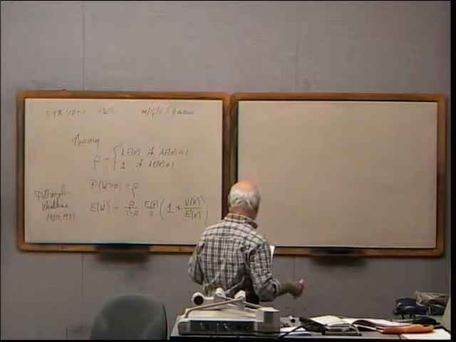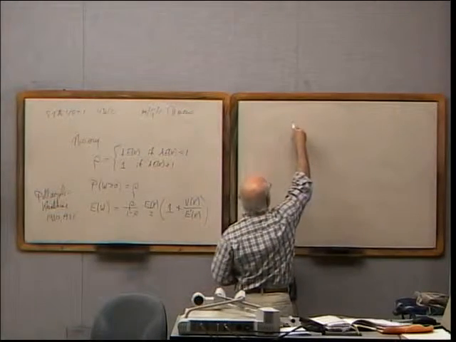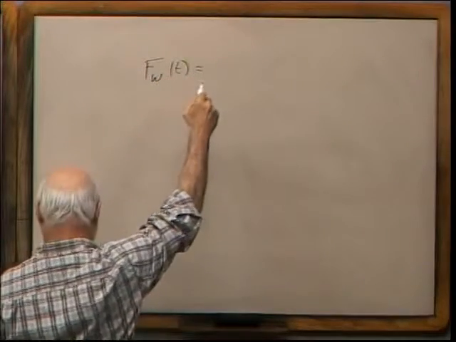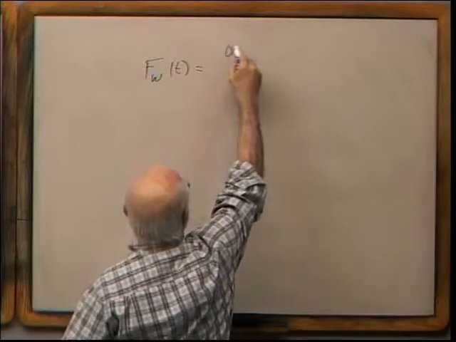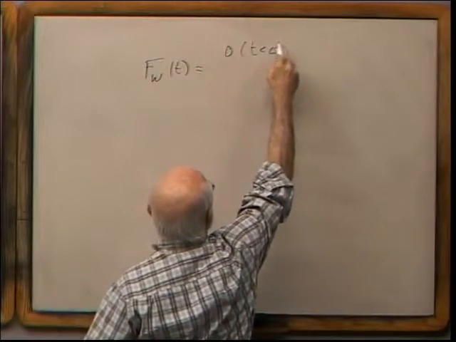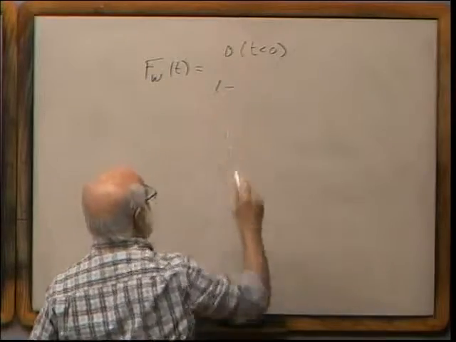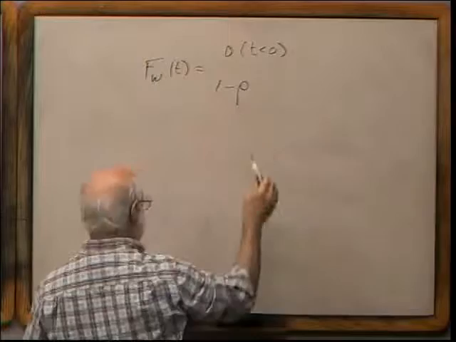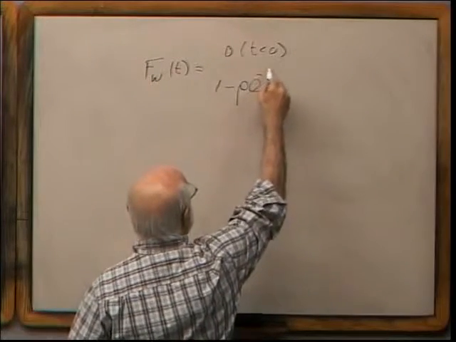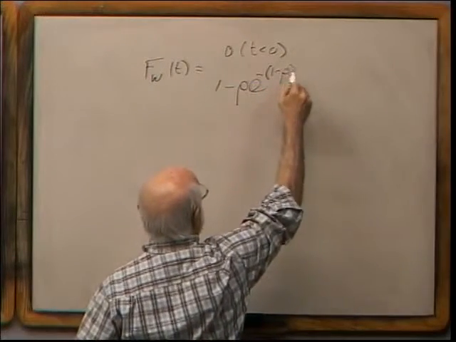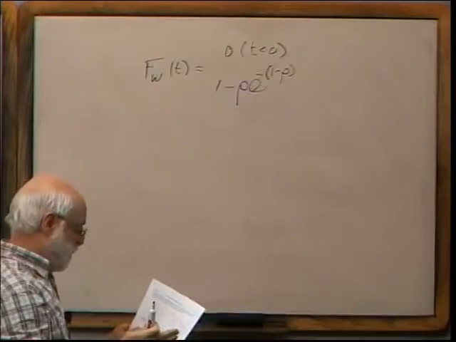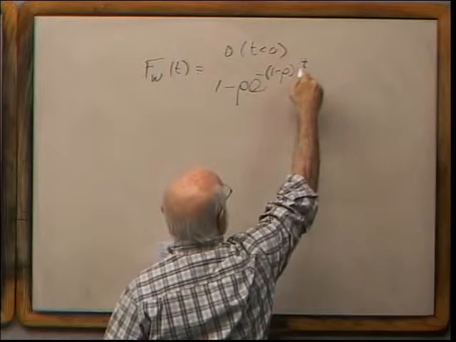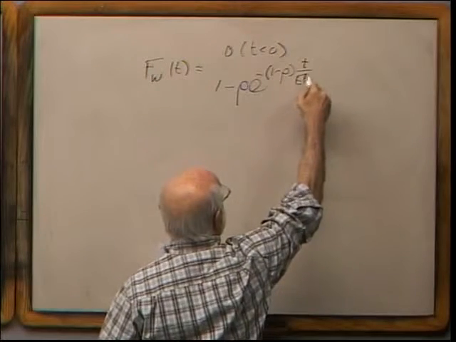The distribution function of waiting times is equal to, of course, 0 if t is negative, and 1 minus the Erlang C value, which of course is rho in the case of one server, times e to the minus (1 minus rho) s mu t, where s is the number of servers, which in this case is 1. There's the t, and mu, of course, is the reciprocal of the average service time.